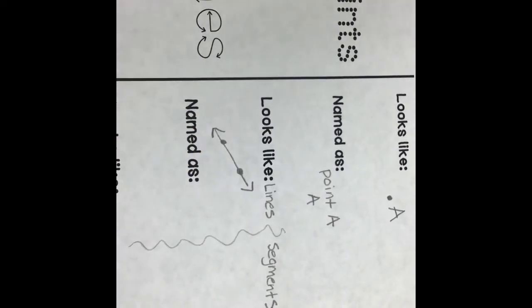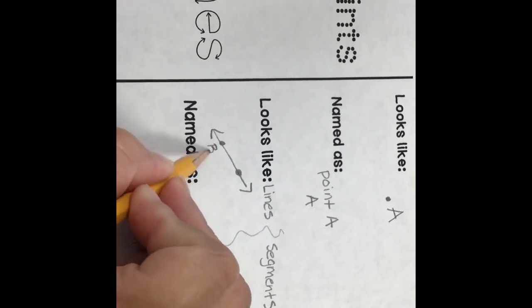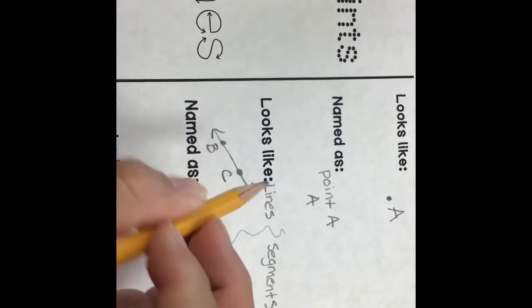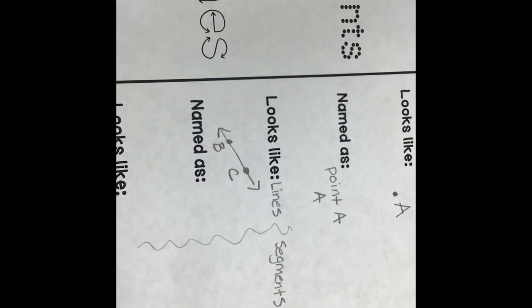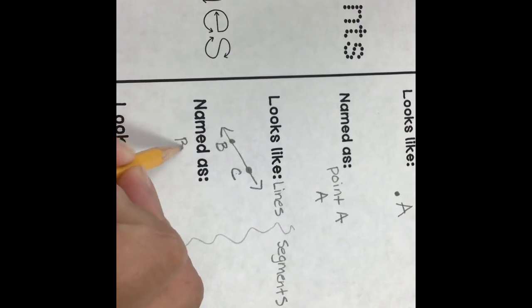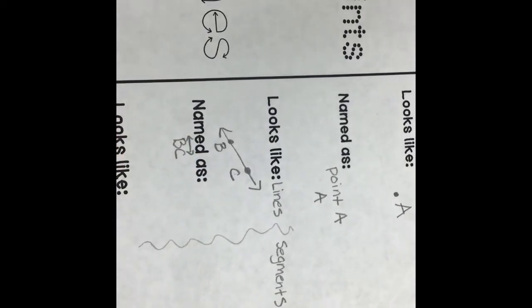We can name it whatever we want. So I'm going to name it BC. To name a line, we need those 2 points, BC, and then a picture of a little line on the top. Make sure you put the arrowheads, and that's why I wanted to talk about segments, because the notation looks similar.